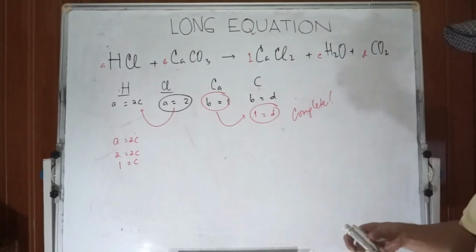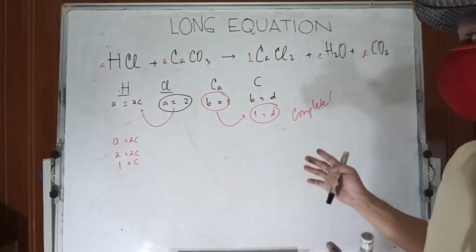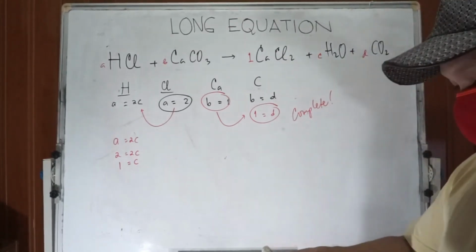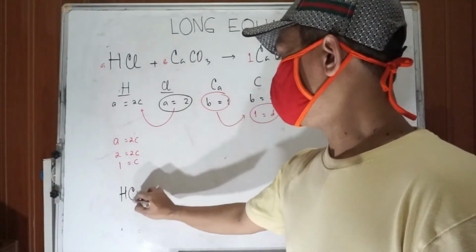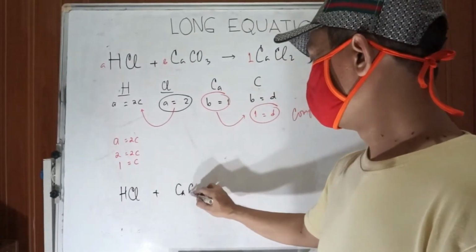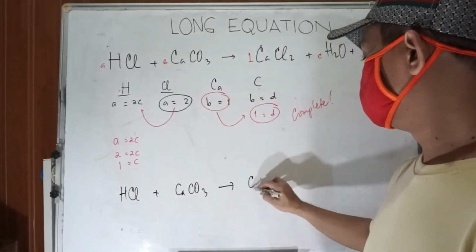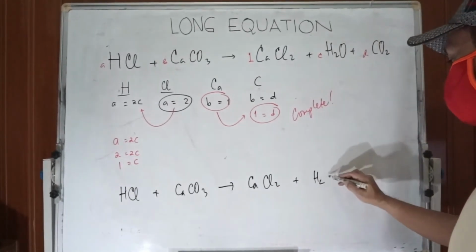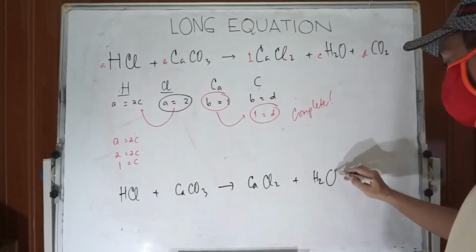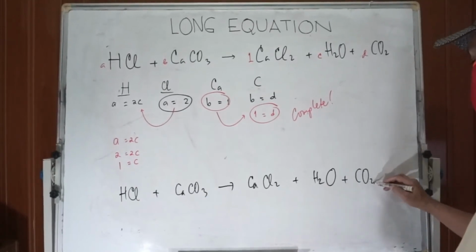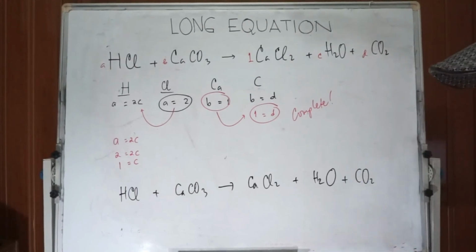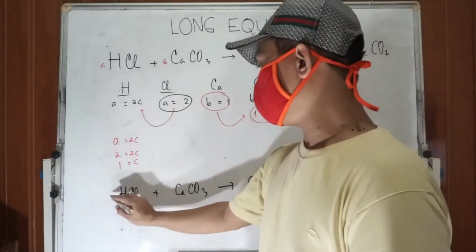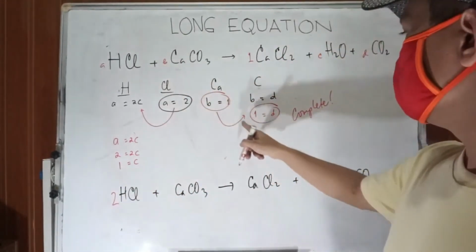Complete. So now our job is to insert all A, B, C, D into the equation. Okay, everyone, now insert the coefficient. A is how many? 2. So here, 2. B, where is B? B is 1.